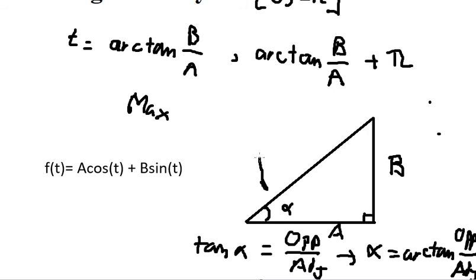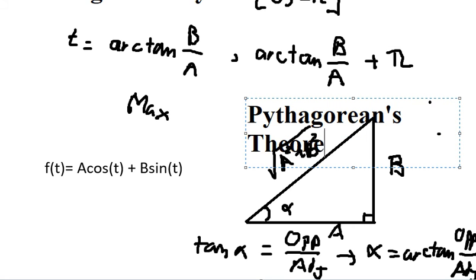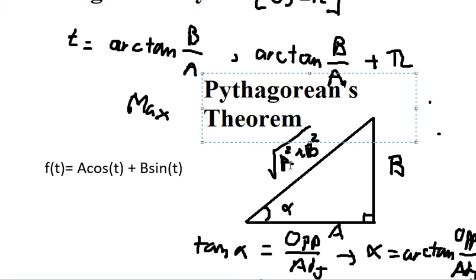We can find the value of the last side, that is the square root of a square plus b square. That is by the Pythagorean theorem. So this is the way we can find the last side in here.